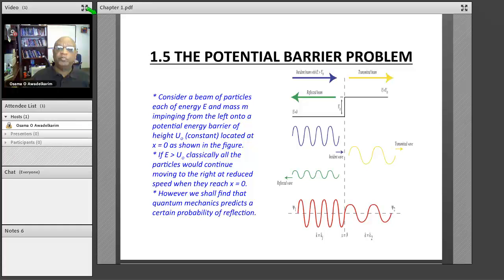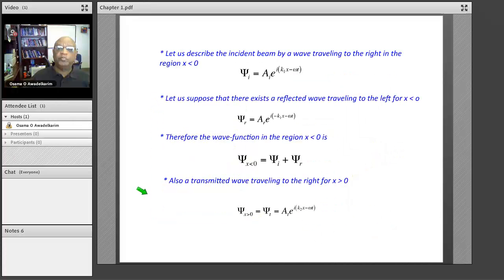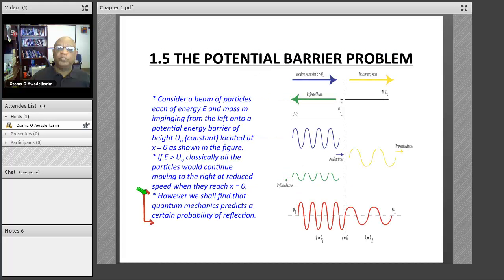Okay, so this is the main thing. Let us go through Schrödinger equation and see how we can possibly have some of these particles reflected. Now we know that Schrödinger equation from earlier on has the potential U. So let me just go back and tell you that U is equal to 0 in this region.